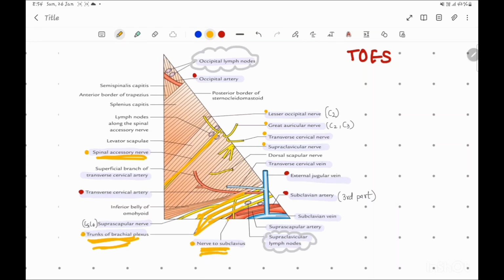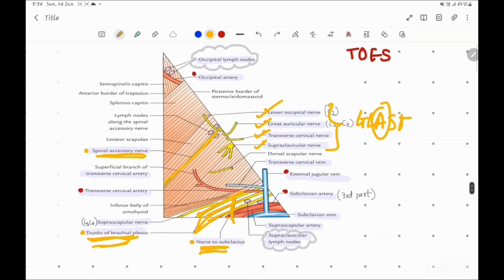Then there is the nerve to subclavius. Then there are the four cutaneous branches: lesser occipital, greater auricular, transverse cervical, and supraclavicular nerve. We have a mnemonic for that, GLASS, in which we also include the spinal accessory nerve.